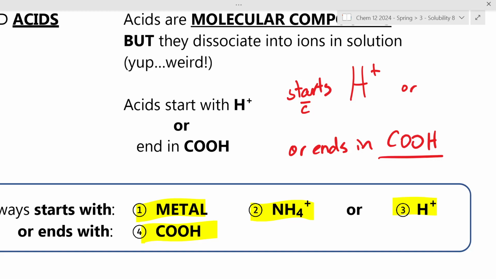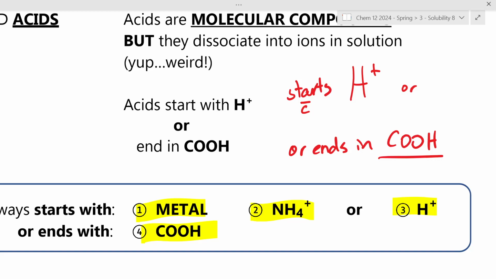Is that an electrolyte? Is that not also an acid? So they're not, yes. Does it start with a metal? Does it start with NH4? No. Does it start with H? No. Does it end in COOH? Is it an electrolyte?